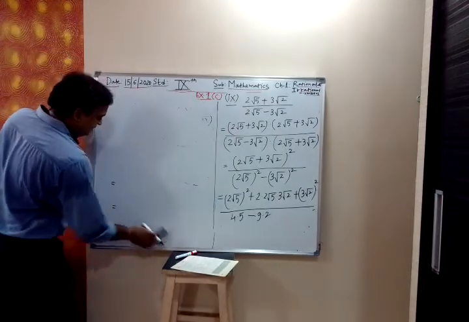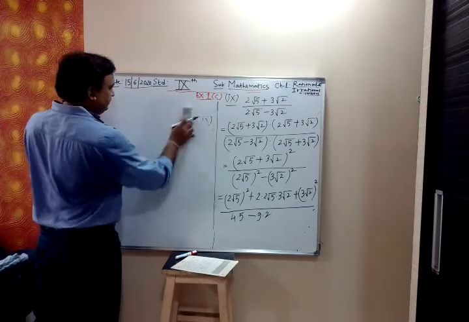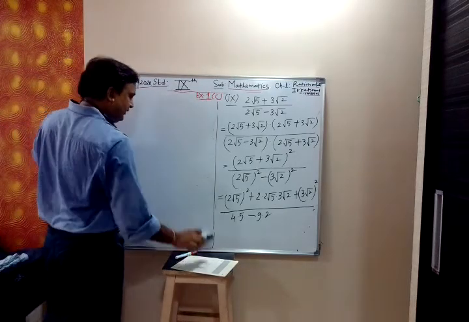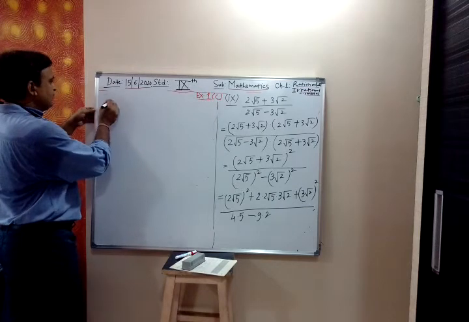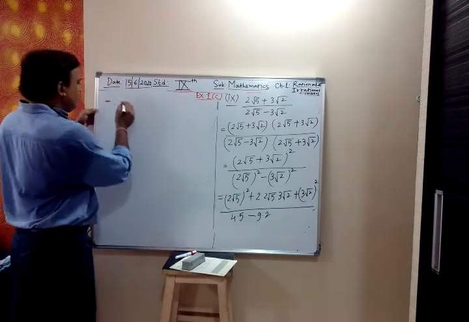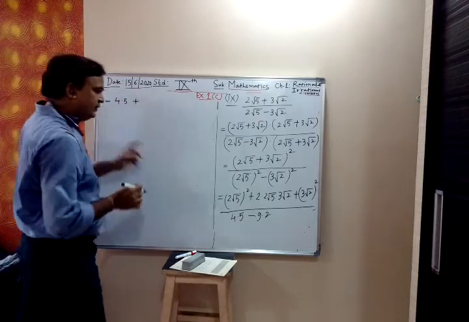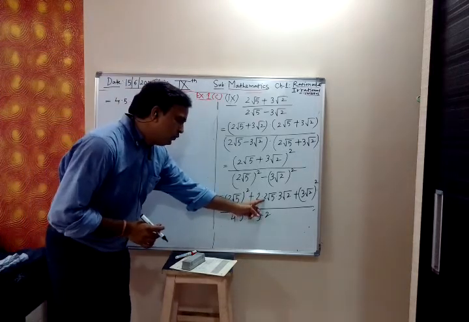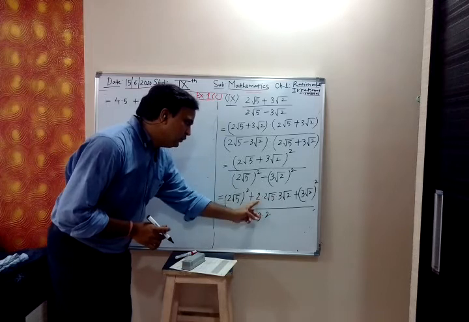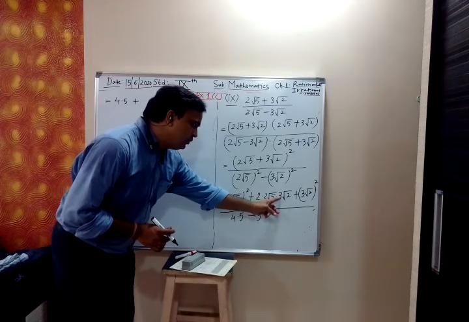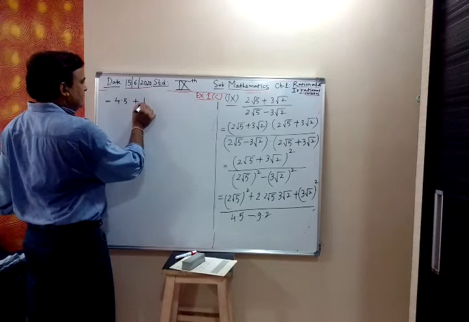Now we simplify. So that will be 2 root 5 square, 2 square is 4 into root 5 square is 5, plus here 2 into 2 into 3. 2 2s are 4, 4 3s are 12.